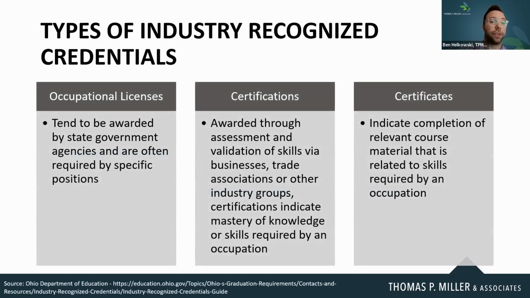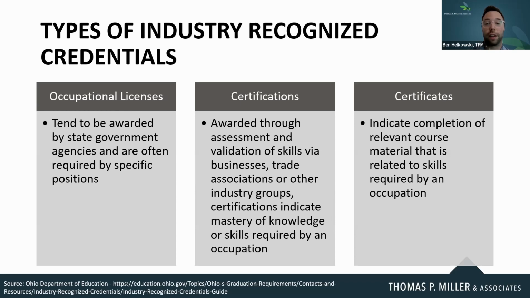So what exactly do the types of industry recognized credentials entail? As mentioned earlier, the National Conference of State Legislatures has a database with a helpful website that contains licensing information for various occupations based on an individual's state of residency.